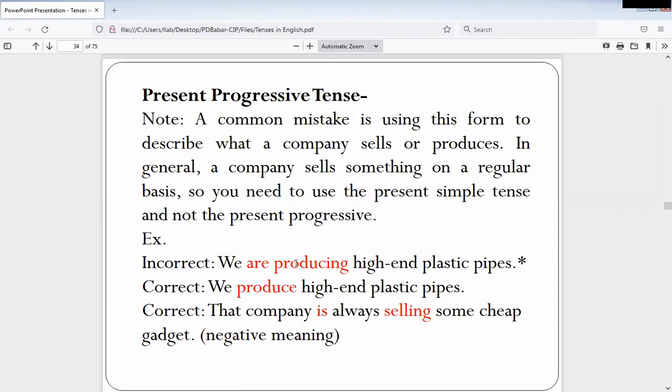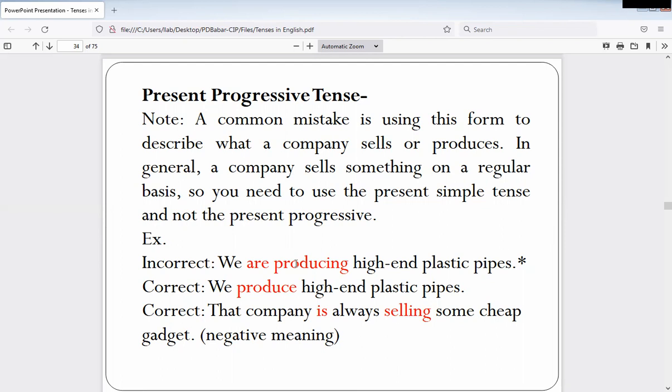At that moment, is the condition there that the salesman's company is producing that product at the time of selling? No.